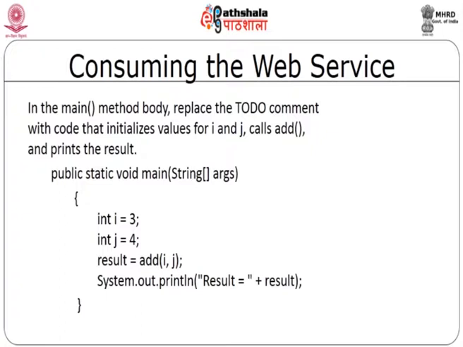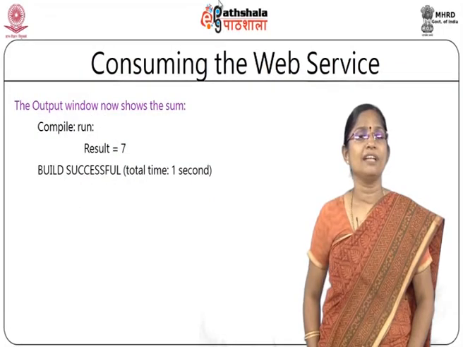Again the service is configured with a particular port. This port goes and calls the add of i comma j, where this add of i comma j has been created in the earlier web service that we built on the server side. So this add of i comma j goes and refers here. So after adding, it can give you the result.